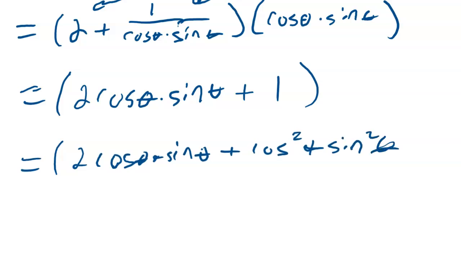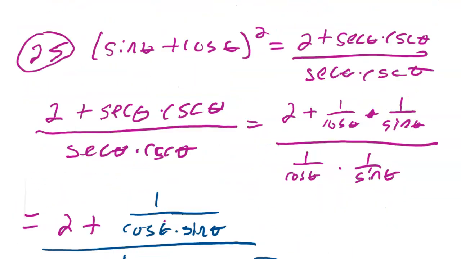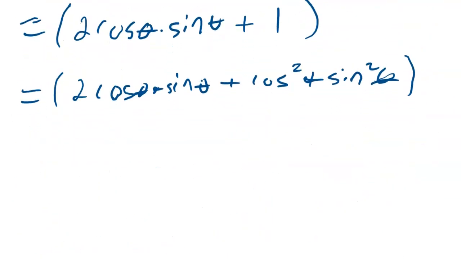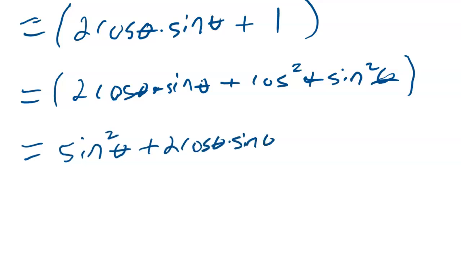And then I want to get in the order that they have it. Okay, sines first. So I can rewrite this as sine squared theta plus 2 cosine theta times sine theta plus cosine squared theta.